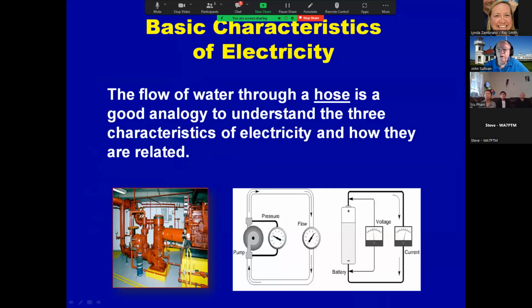In a water hose, the water is like the electrons that flow through an electric circuit. Friction, which prevents the water from flowing freely in a hose, is like resistance in an electric circuit. And pressure, the water pressure that causes the water to flow, is like voltage in an electric circuit. So that's one way of visualizing it.